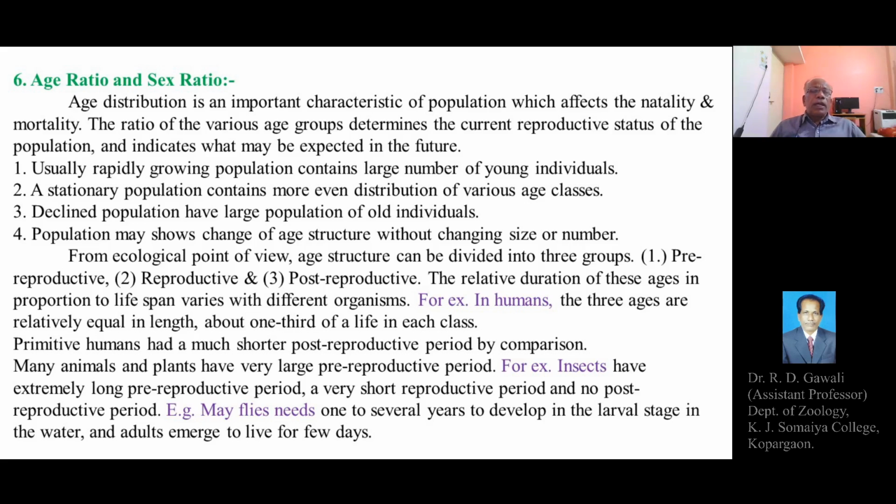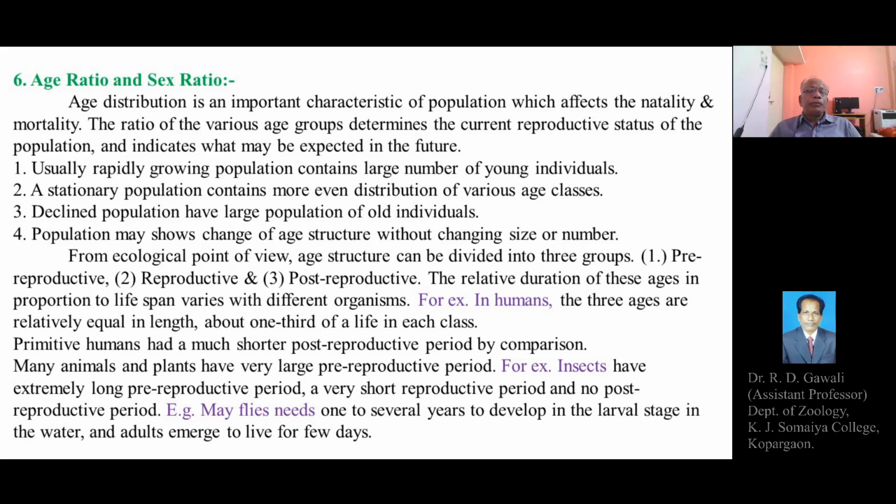Primitive humans had a much shorter post-reproductive period by comparison. Primitive humans, or the ancestors of human beings, had a very short post-reproductive period when compared with the modern human.